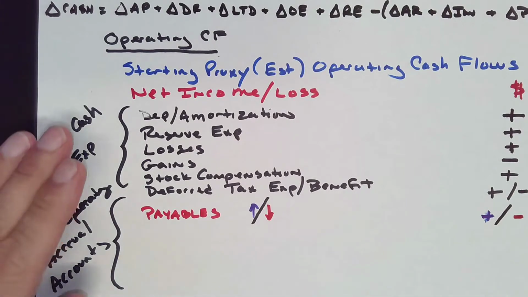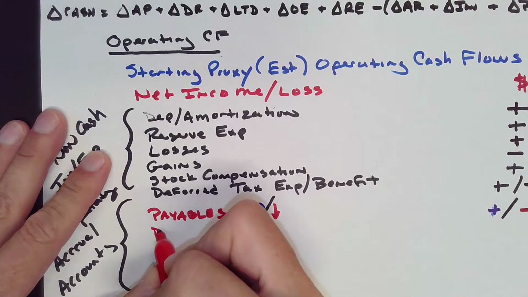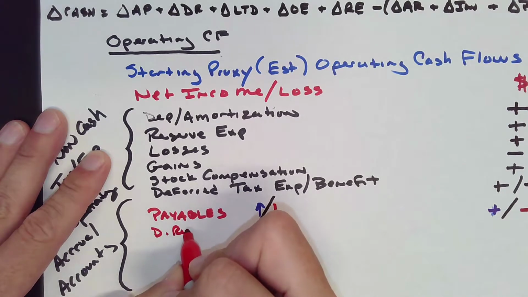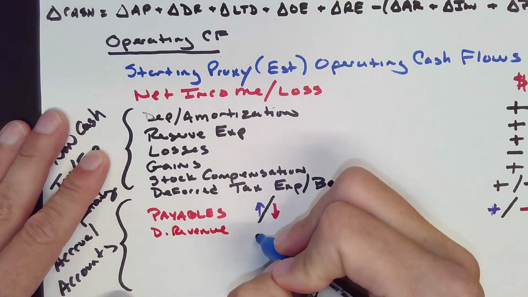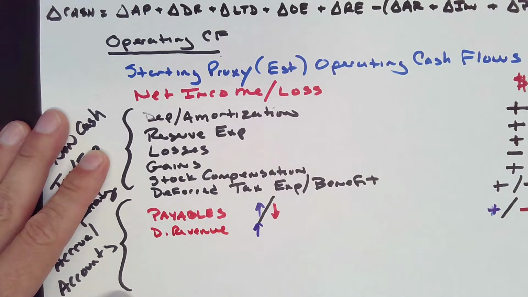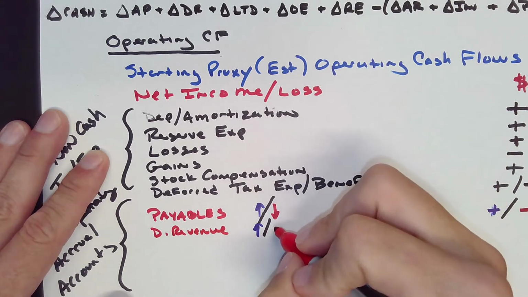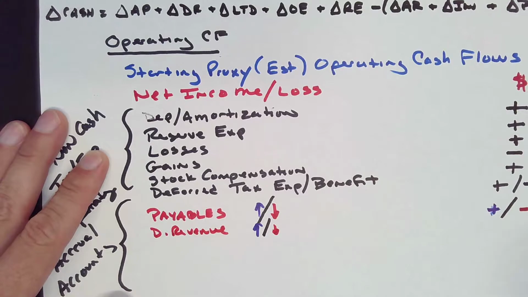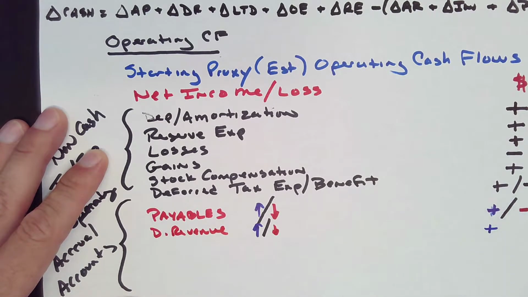We can say the same, the deferred revenue, any deferred revenue account should be the same. We're going to have an increase. We're going to have decreases. And when we see an increase in deferred revenue, we're going to see an increase in the proxy.